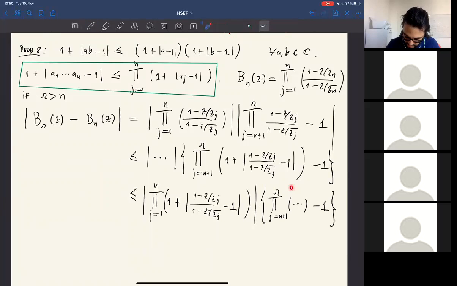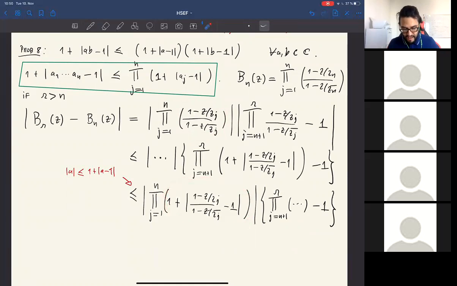So I'm just repeating these guys here. And why I can do this thing here, because in here I'm just using the moduli of a is less or equal than 1 plus moduli of a minus 1. Okay. And I can do that because I just have a here and I just bound a by this.